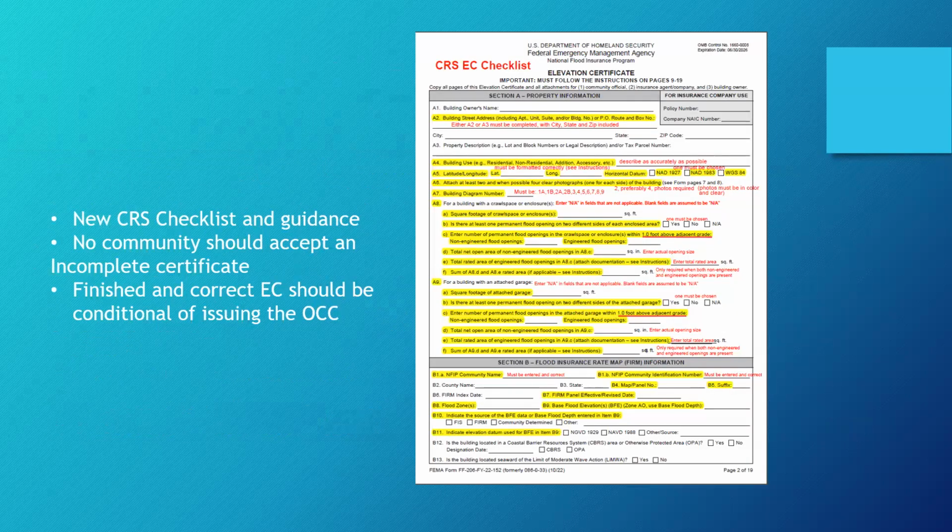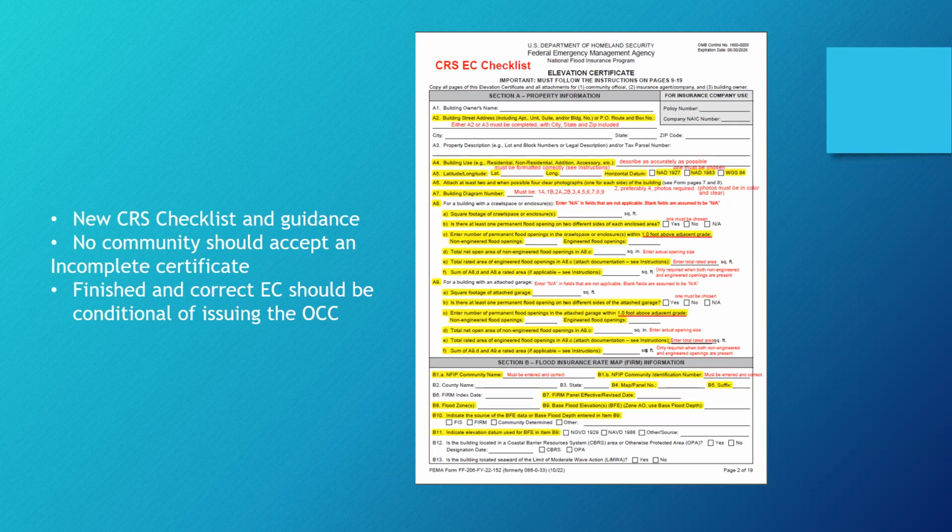So there's the new CRS checklist on what's going to be required and what has to be correct for the CRS community annual certificate review. And there's guidance on that. There's a checklist in addition to this annotated form. And so you shouldn't be, of course, accepting any incomplete certificates.